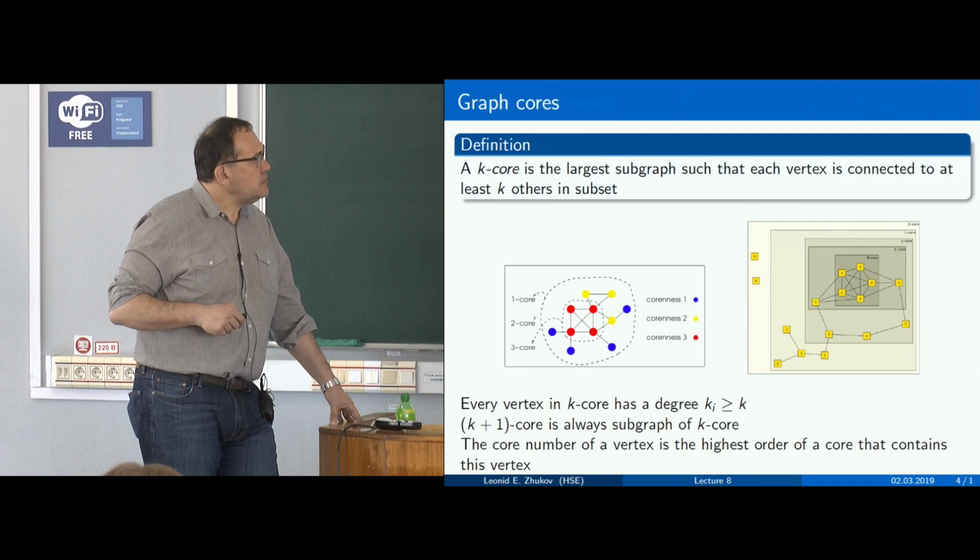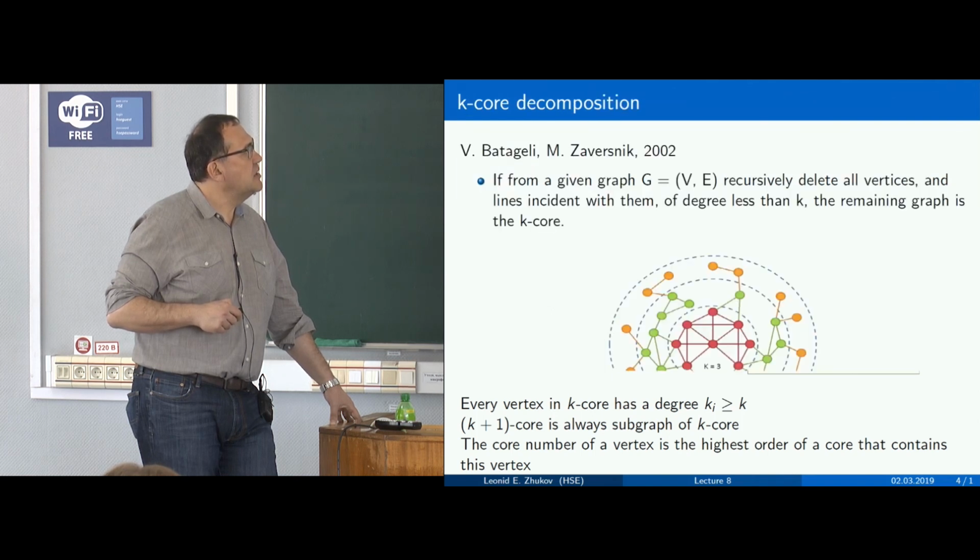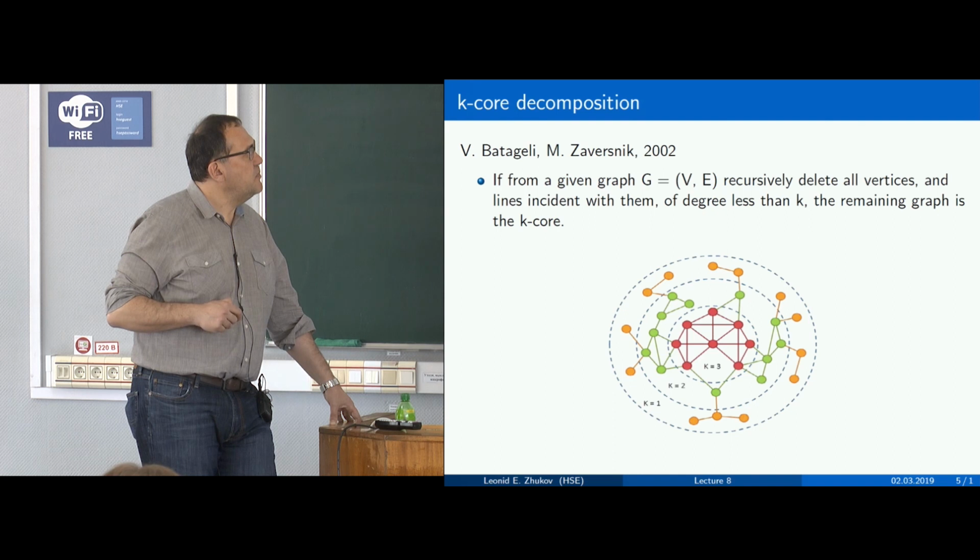So when you define cores, you can also define what's called K-shells, and a K-shell is the nodes that belong to the bigger core and do not belong to the inner core. So for example, this is core 3, this is core 2, and the shell is those yellow nodes.